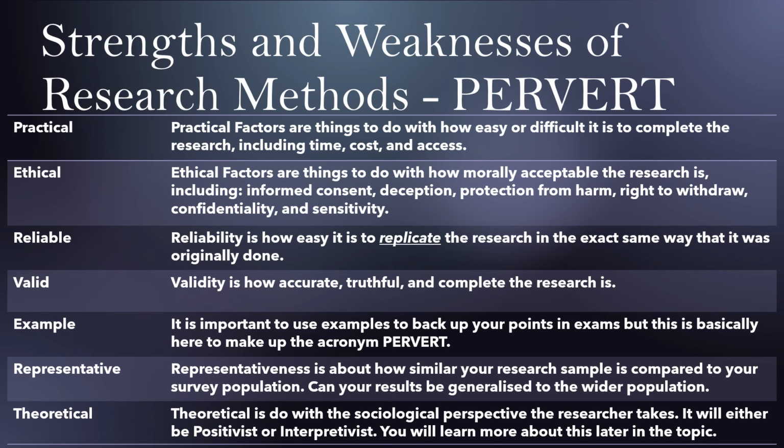You fall into either a positivist or an interpretivist. Like I said, I'm going to teach you a lot more about that later, and you'll be able to go back and apply that to the different methods once I've done that in more detail. It's difficult to wrap your head around, which is why I'm going to take an entire lesson to do it.